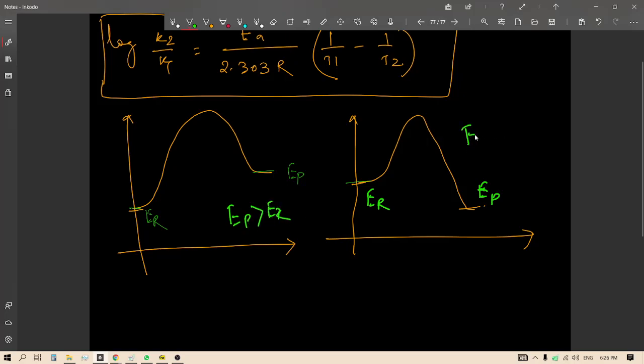In this case we have ER more than EP, and from this to this is activation energy EA, and from this to this is activation energy EA.